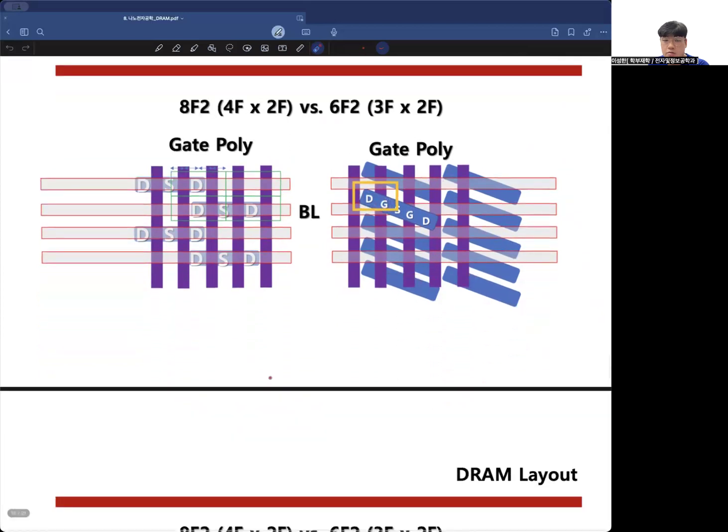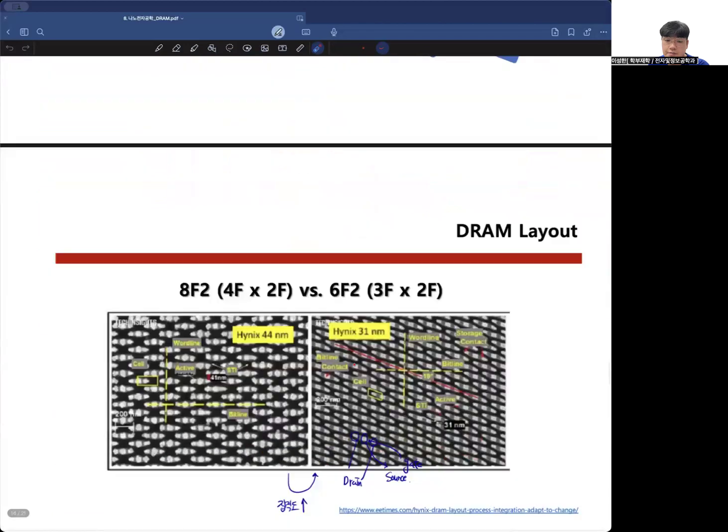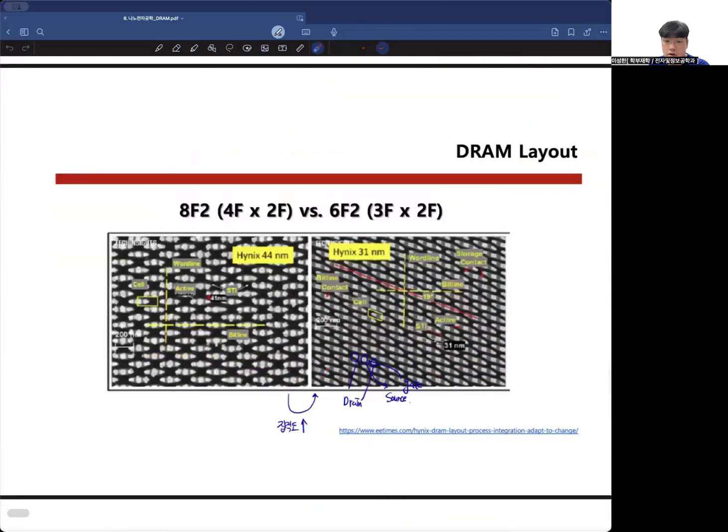Now it's much better than the 8F-squared, but this process is very challenging. And then you can see this top view of the DRAM. The left is the 8F-squared and the right is the 6F-squared.